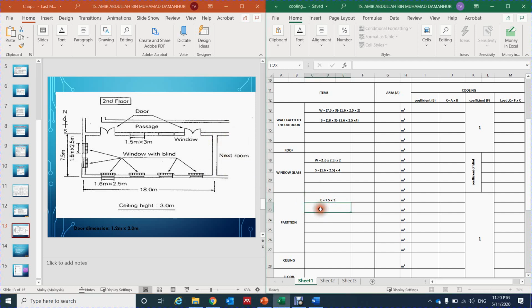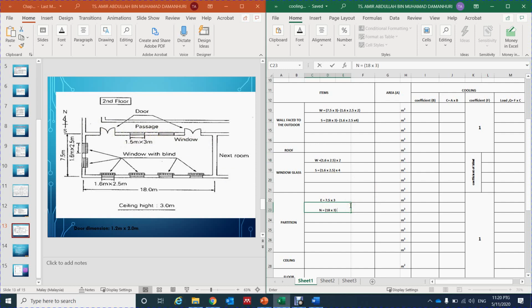And then here we have north, so now we are moving to the wall here. The wall here has about 18 times 3 meter of total wall area. But please note that in this area they have a door and windows here.